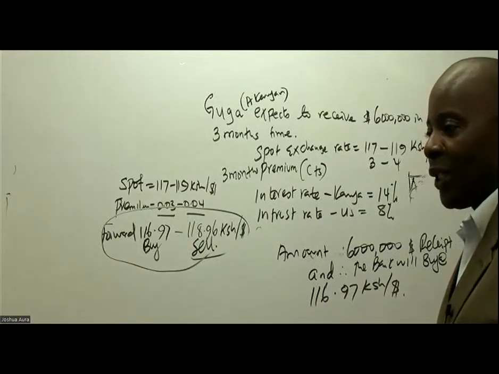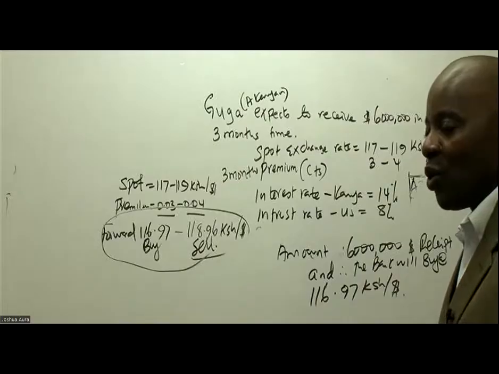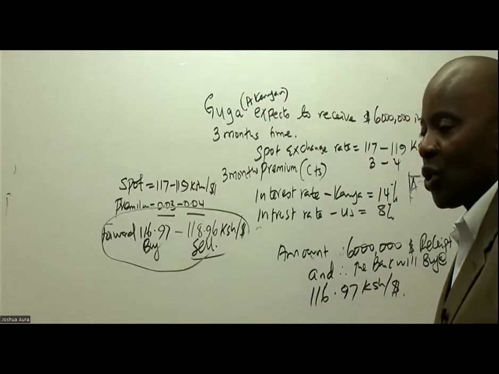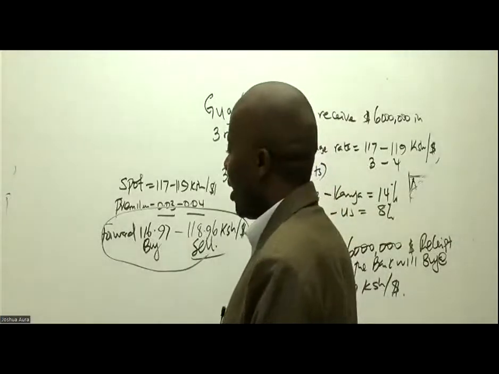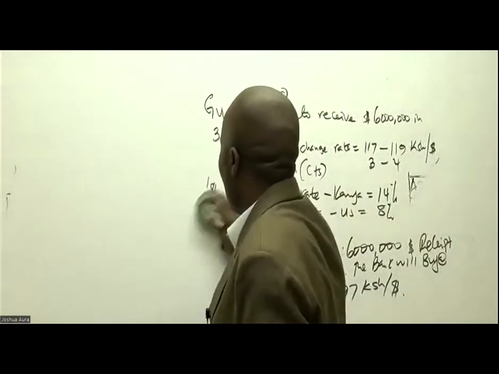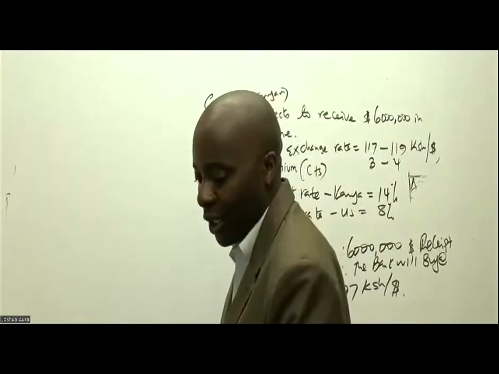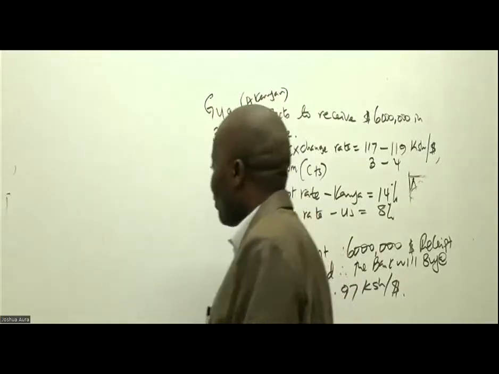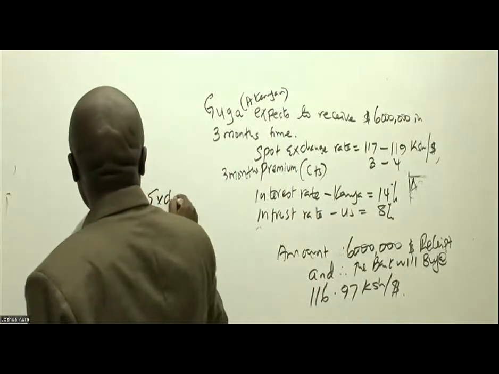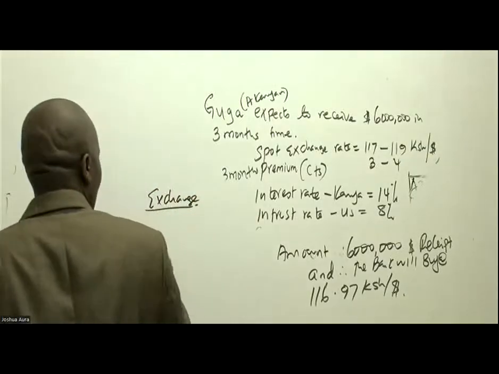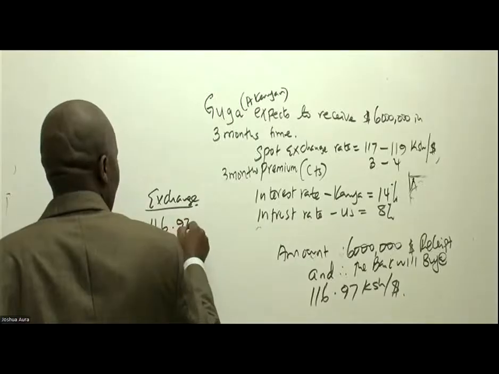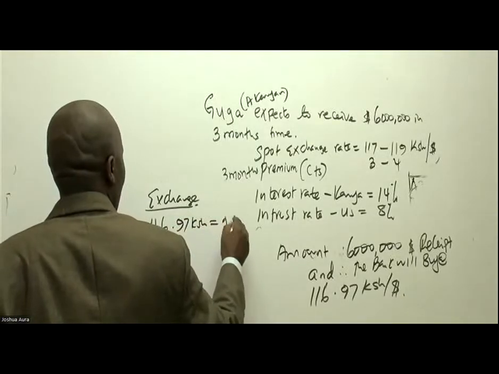After this, at the end of the day, we do the exchange. So the exchange, what do we have? We have 116.97 Kenya shillings equals $1.